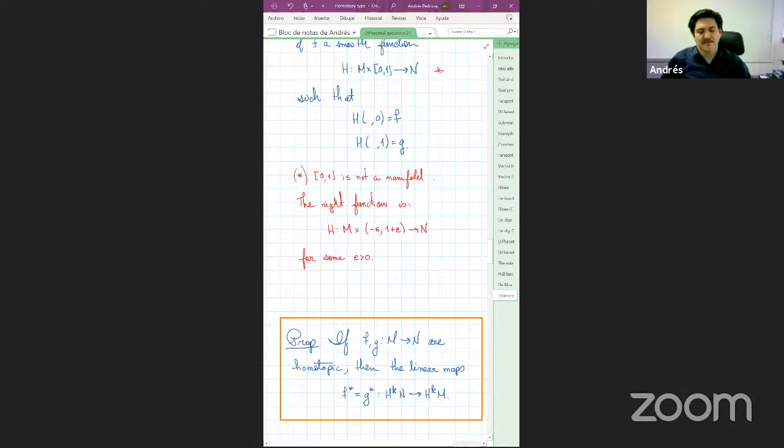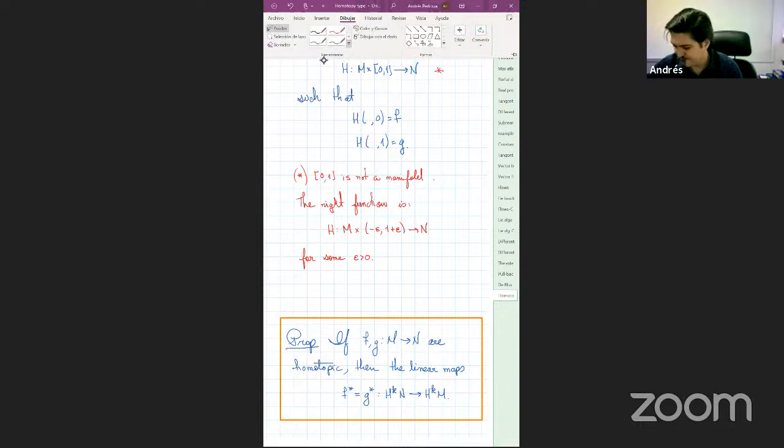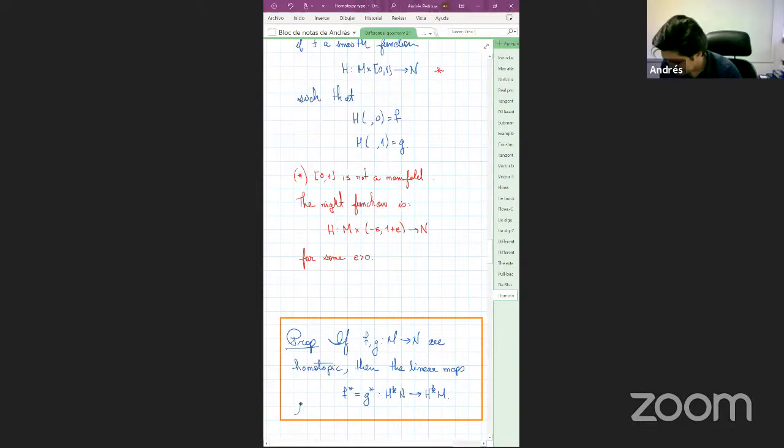The functions that lie on the same path connected component are going to induce the same maps in cohomology. Oh, sorry, and this is for every k.